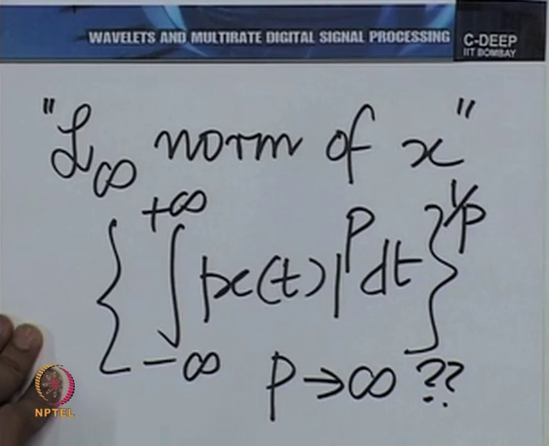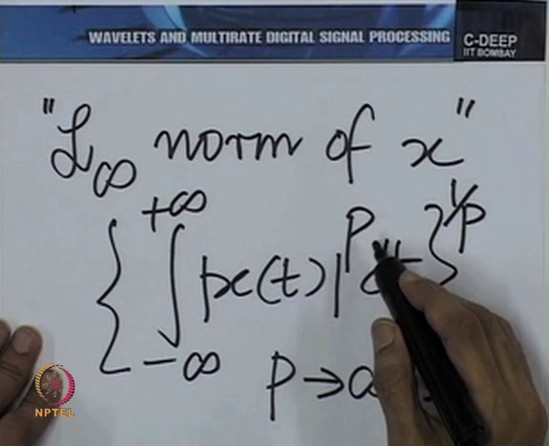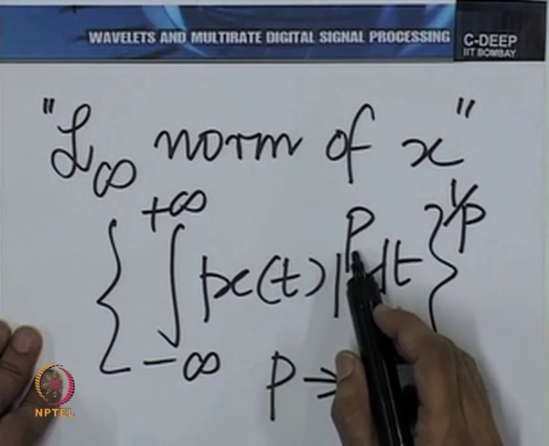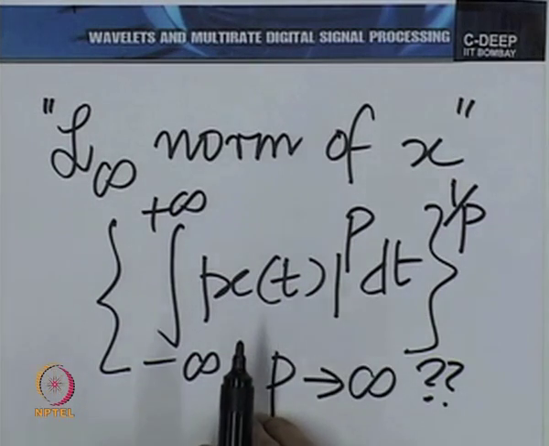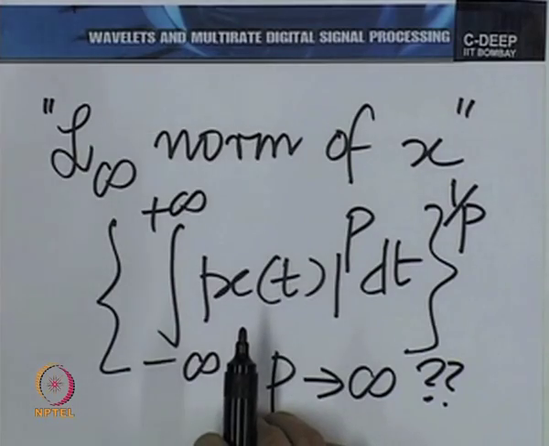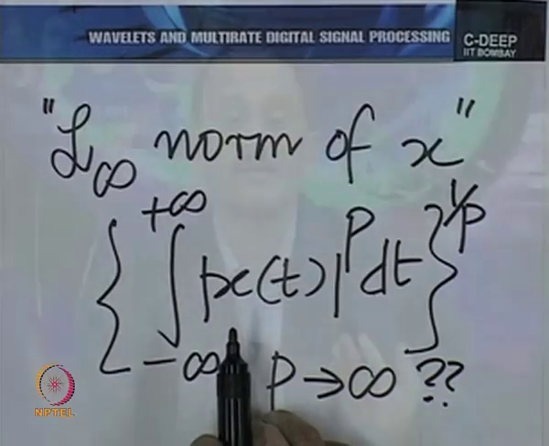What do we mean by this? You see, as p becomes larger and larger, what are we doing? We are emphasizing those values of x t which are larger. So, for a larger value of p, we are emphasizing those values of mod x t which are larger, and as p tends to infinity, we are in some sense highlighting that part of x t which is the largest.